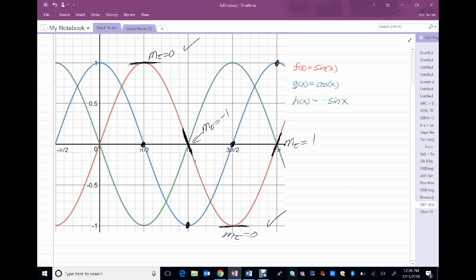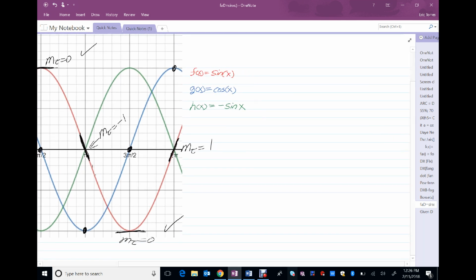You might have noticed something. Everywhere that I did this, I landed on the cosine of x. And that is my first property, that the derivative of the sine of x is in fact the cosine of x.